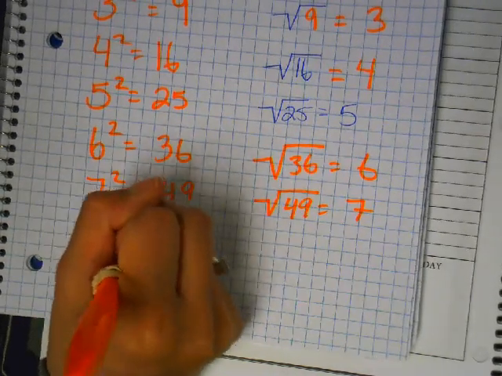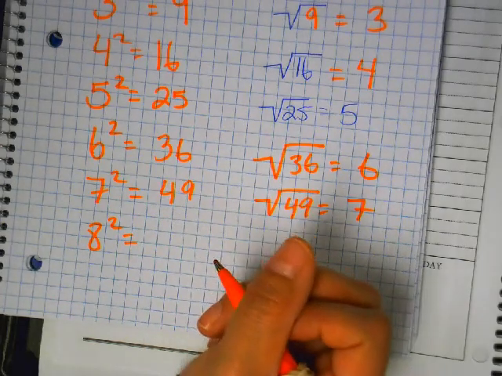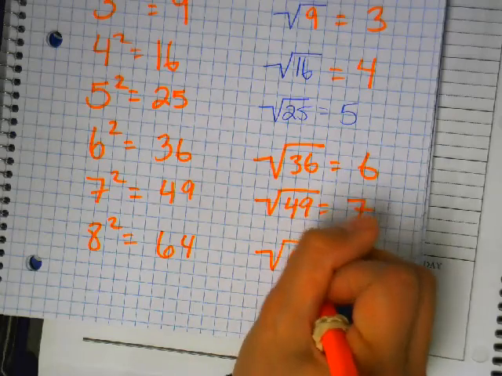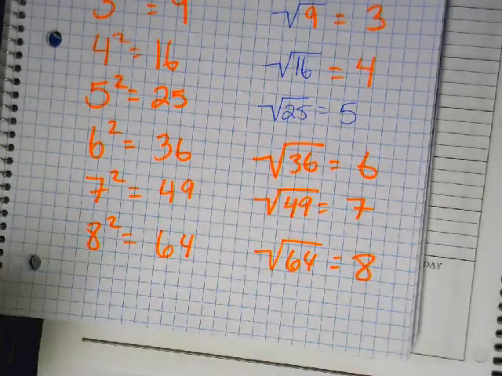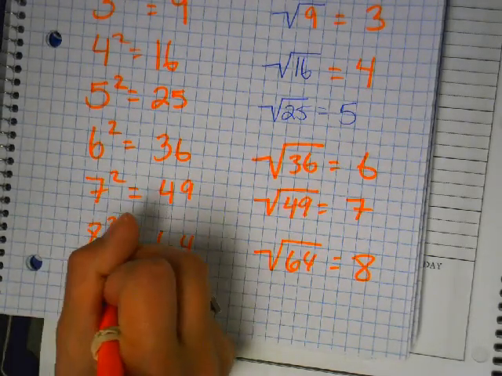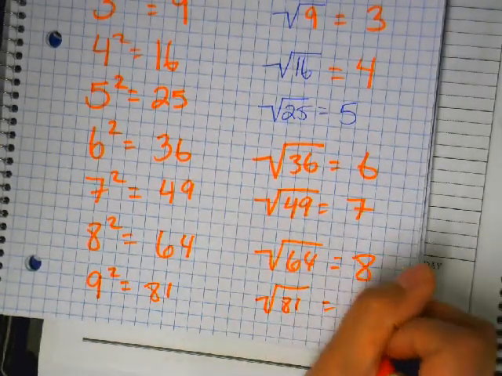8 squared. 64. Square root of 64? 8. Nine squared. 81. So what's the square root of 81? 9.